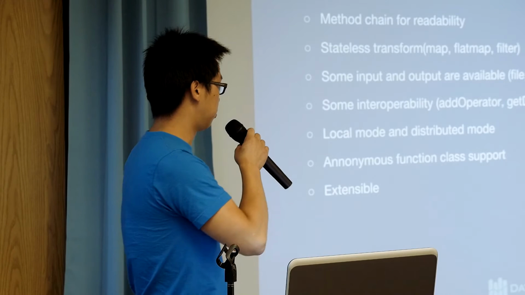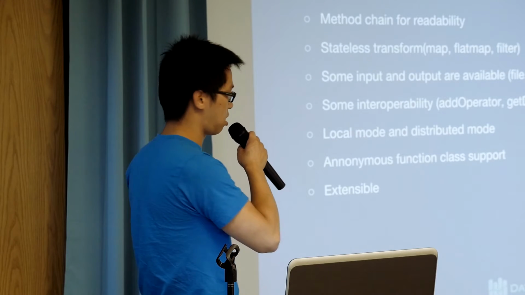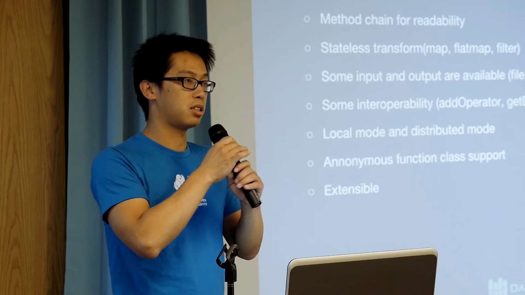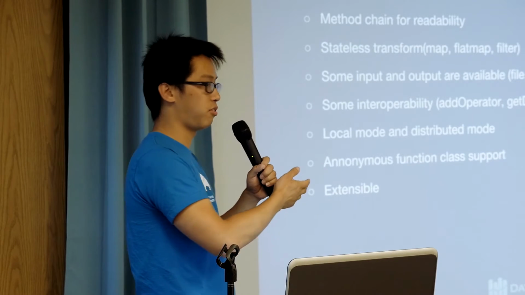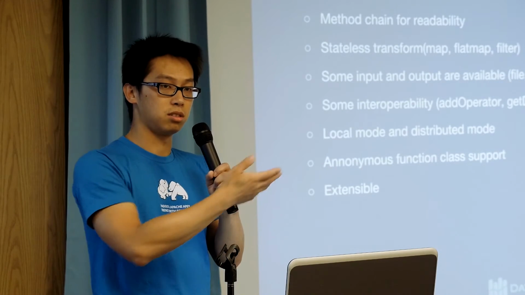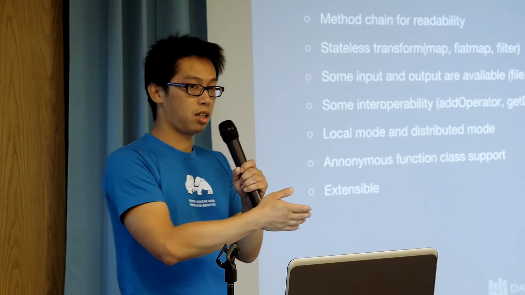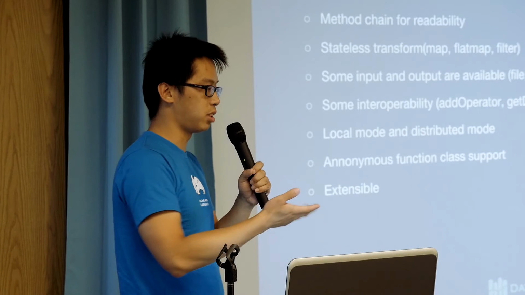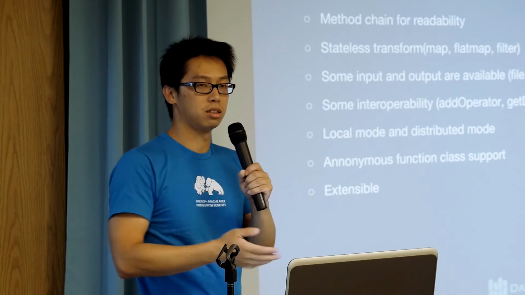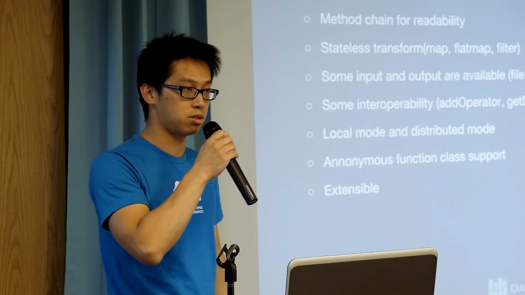So we made the stream API extensible, so the stream developer can add more transforms as first-level methods into the interface, and the application developer, whoever uses this customized stream API, can easily use it.